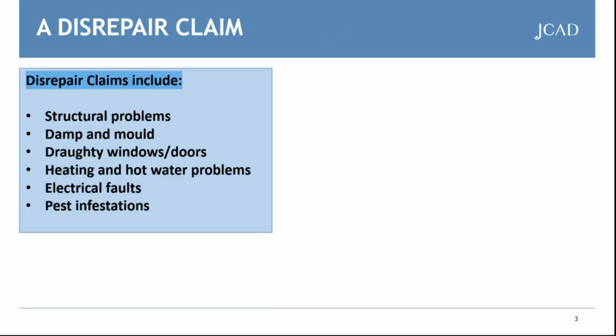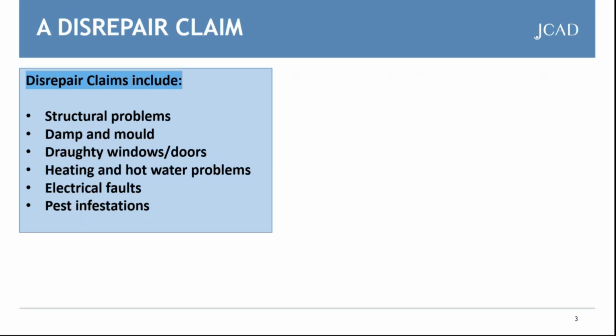So a disrepair claim can include things like anything structural, such as cracks or other structural defects to the property. It can include damp and mould issues, which can cause health problems. It could also be indicative of other damage to the property, for example, faulty guttering. If you've got mould within the house, it could mean there's a bigger problem on the outside.